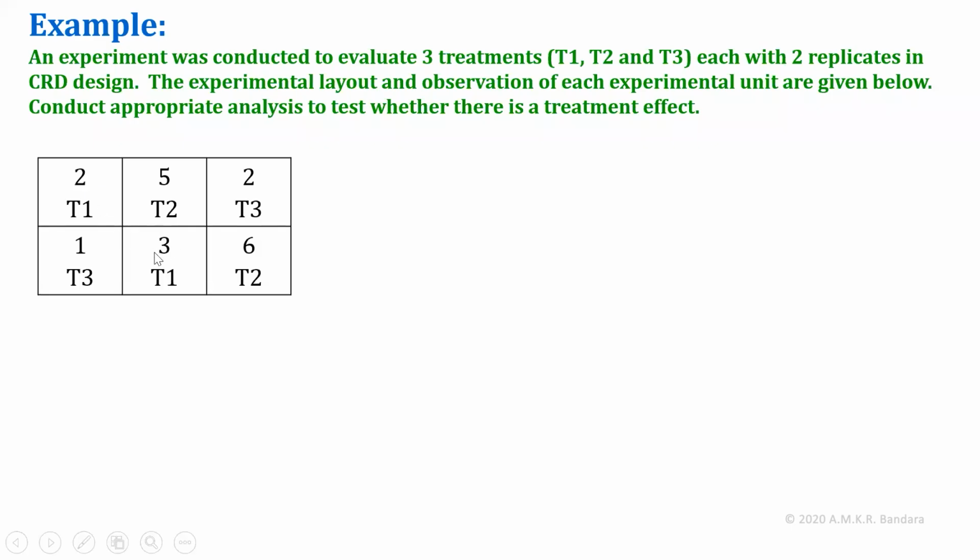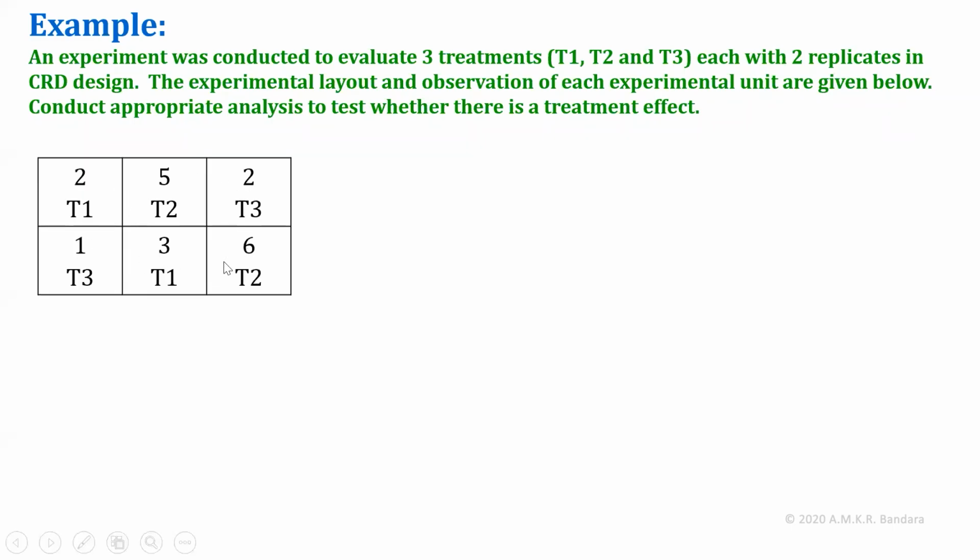The second replicate has given 3 units. Similarly, the first replicate which applied the second treatment has given 5 units and the second replicate has given 6 units. And the observation which applied the third treatment has given 2 units and the second replicate has given 1 unit.